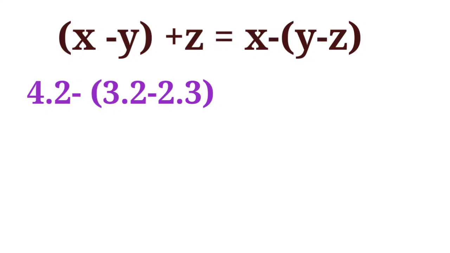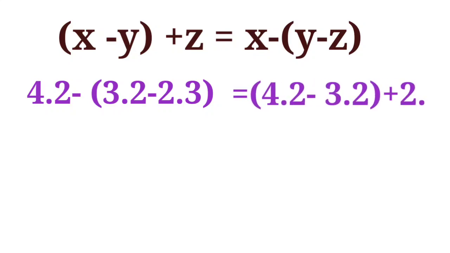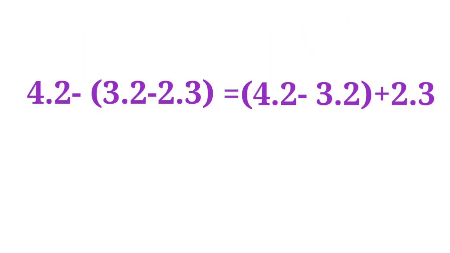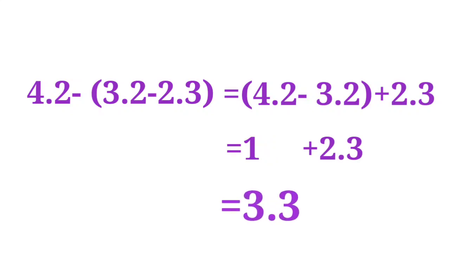So here the right hand side of the rule is given as the question. So how can we rewrite this? We can write the left hand side of this rule as the answer. So we can write it as 4.2 minus, inside the bracket, 3.2 plus 2.3. Then 4.2 minus 3.2 is 1. Then 1 plus 2.3 is 3.3.